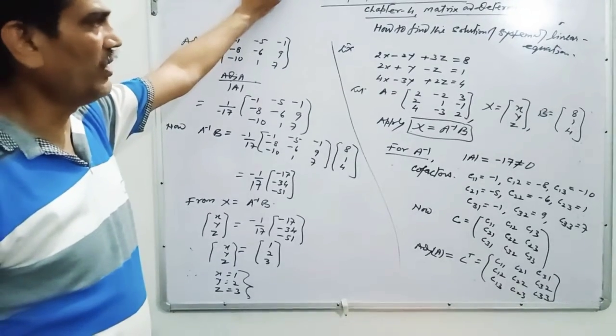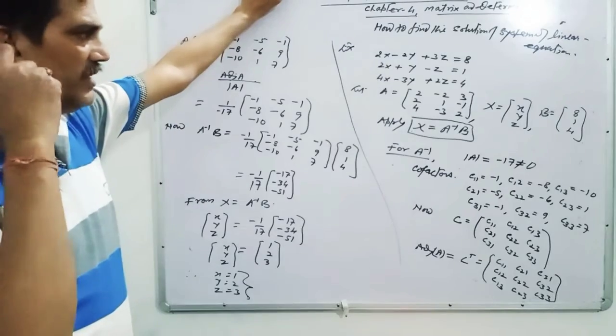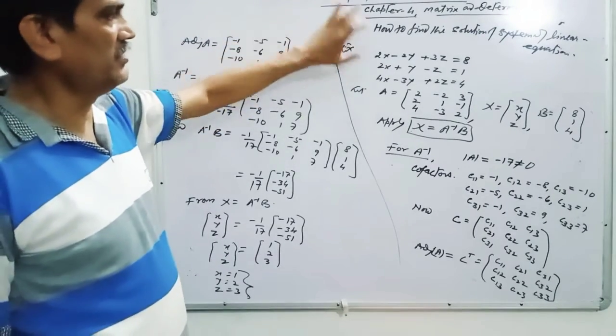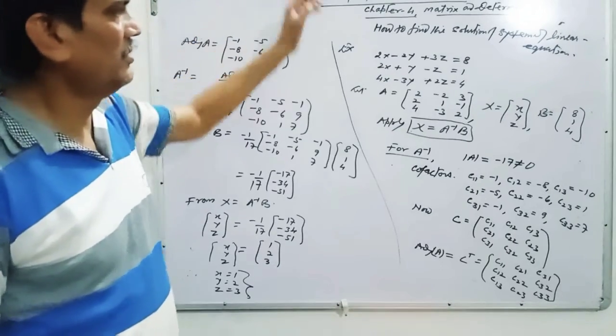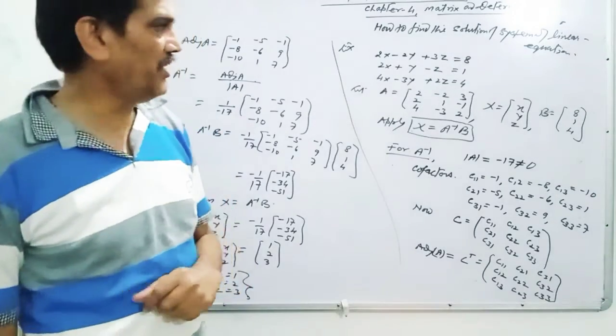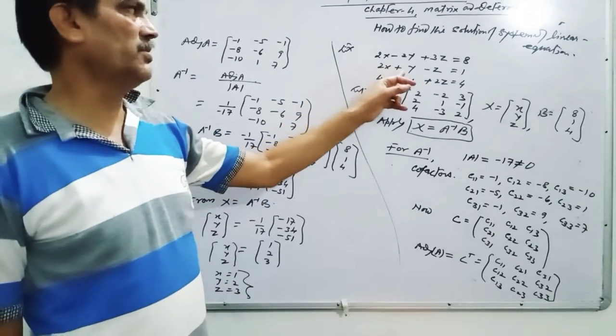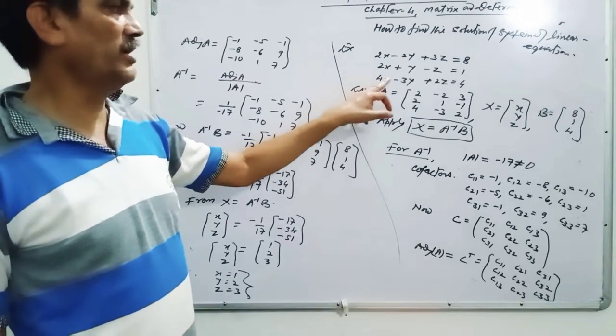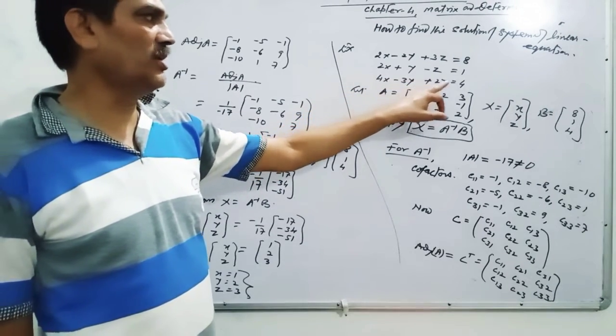Now see how to find the solution of a system of linear equations from an example. This is an example of three variables. First equation: 2x - 2y + 3z = 8. Second: 2x + y - z = 1. And third: 4x - 3y + 2z = 4.